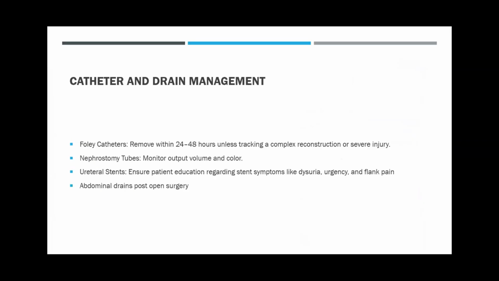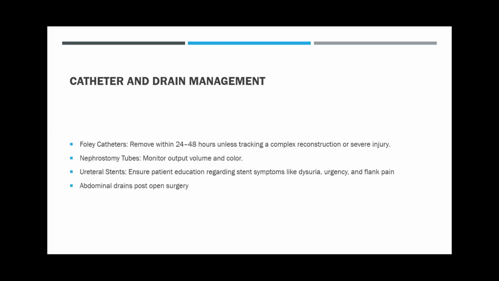Then I have to also mention management of the catheter and drain, because most of the patients post operation, we discharge them from the operative room with a Foley catheter. And usually we leave it there for 24 to 48 hours to reduce complications, unless there is a complication or indication to keep the catheter.